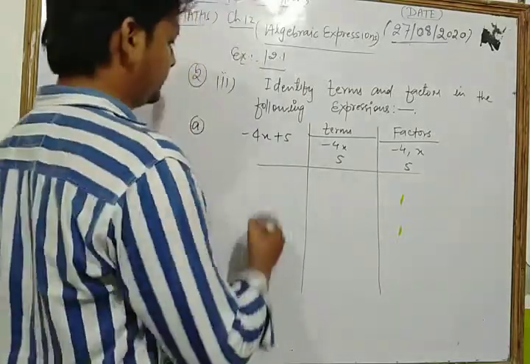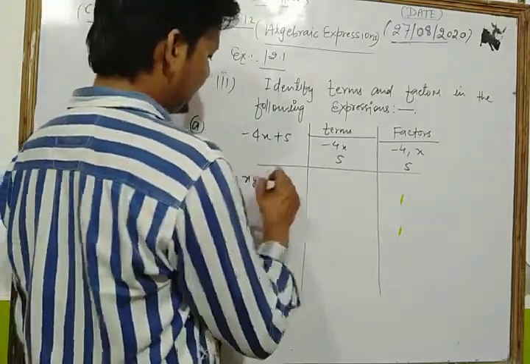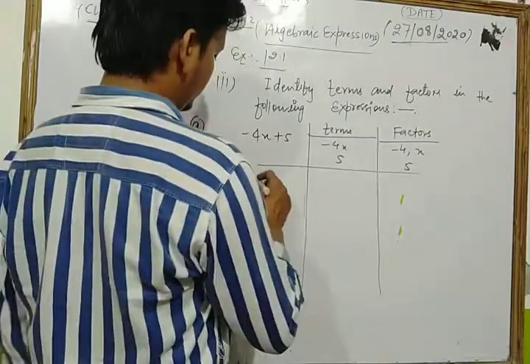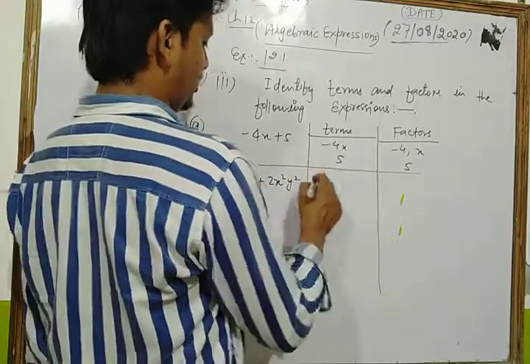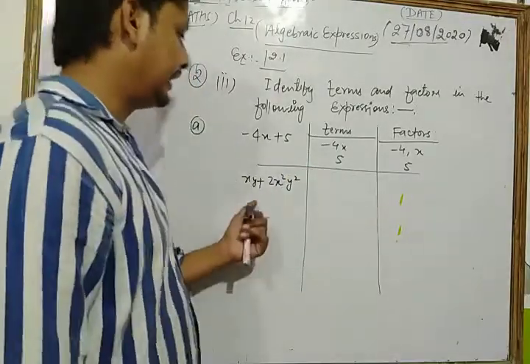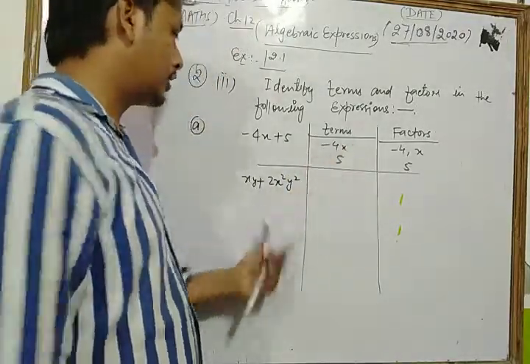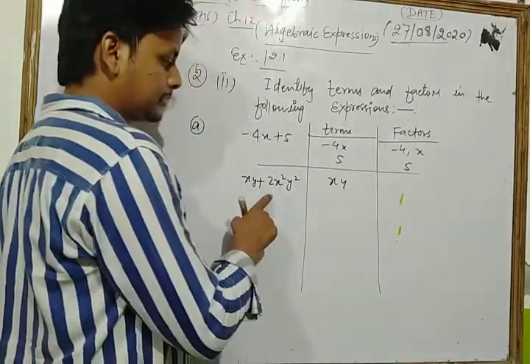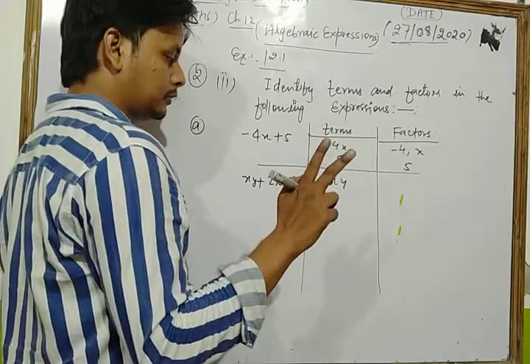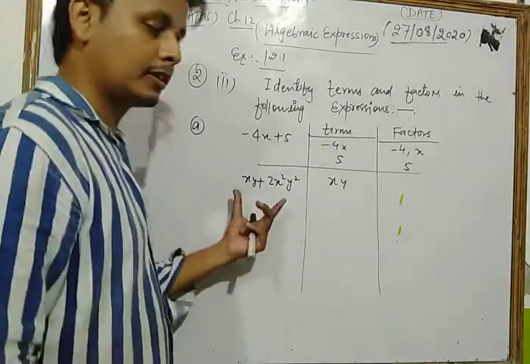We take an algebraic expression xy plus 2x square y square. Dear students, in that algebraic expression the terms are xy and 2x square y square. This algebraic expression contains two unlike terms, so it is said to be what? Binomial.